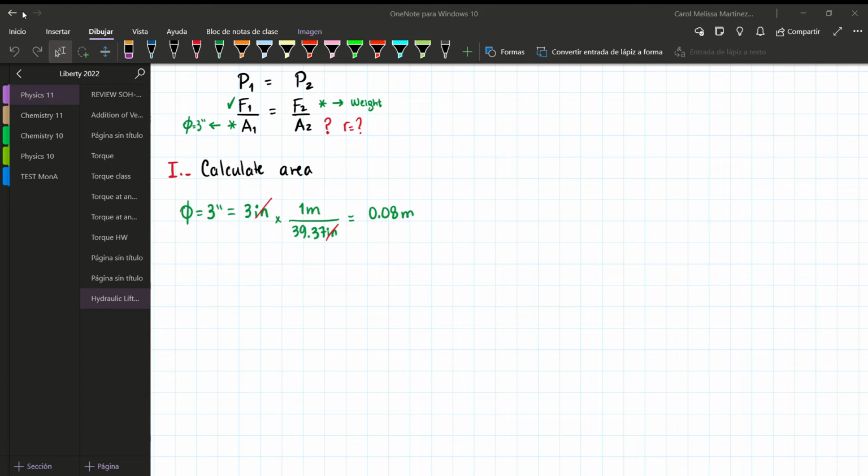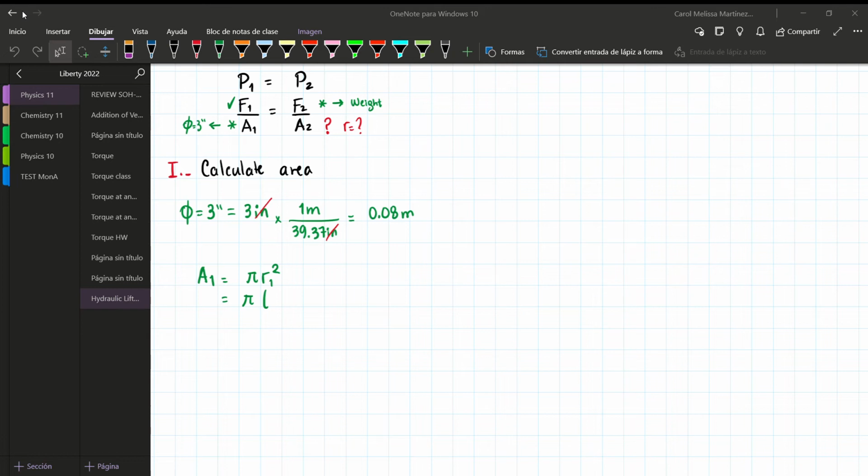Now, from this, I can get the area. The area 1, because pistons, as I told you, are circular, you have to apply the formula of the area, which is pi times the radius of side 1 raised to the second power. I don't have the radius, I have the diameter.